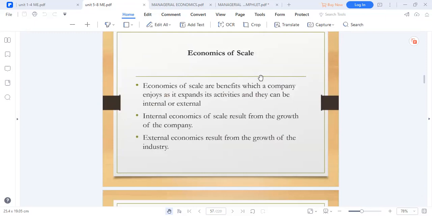Then we have a concept which we call economies of scale. Economies of scale are benefits which a company enjoys as it expands. These ones may be internal economies of scale resulting from growth, or external economies of scale resulting from the growth of the industry. For instance, companies like Zambia Sugar at some point had enjoyed what we call economies of scale, where they were able to dominate the market such that they had what we call byproducts.